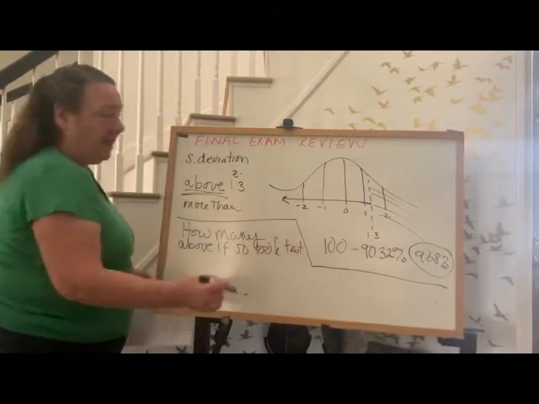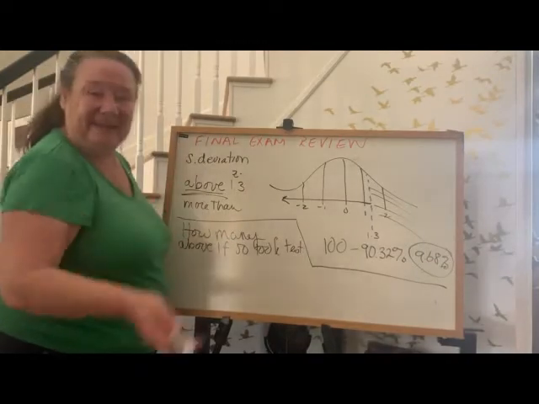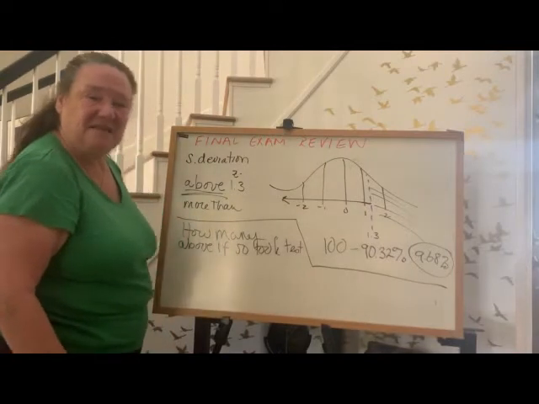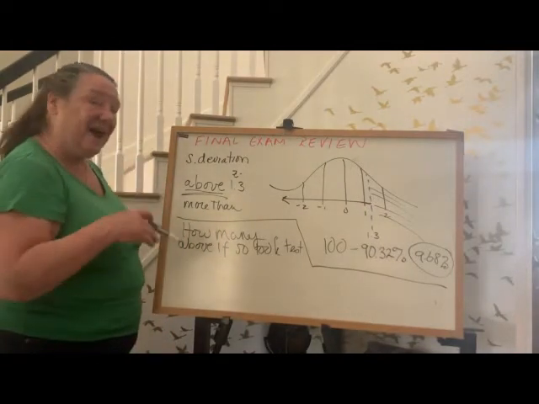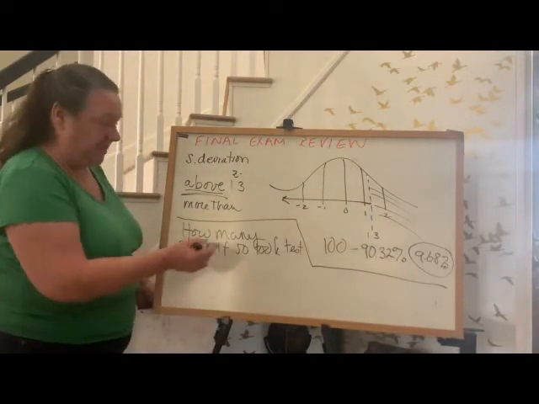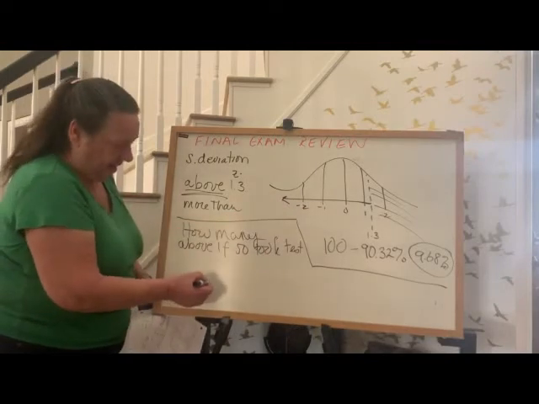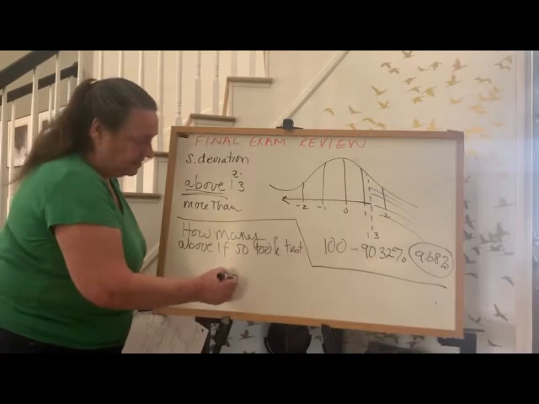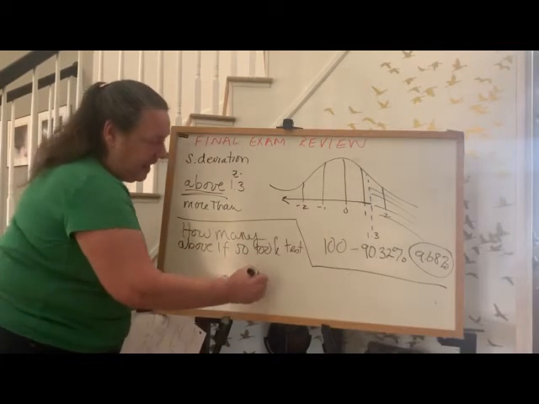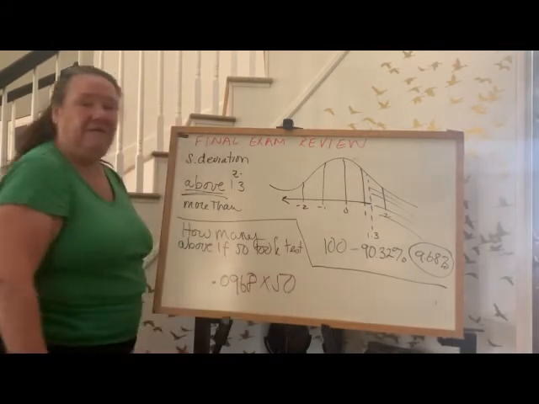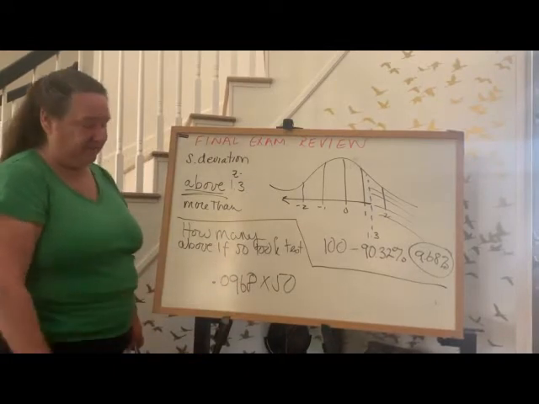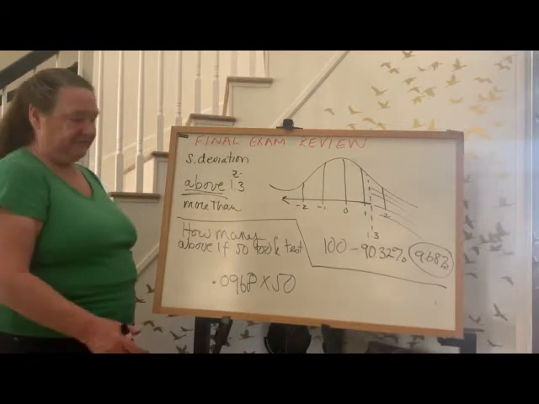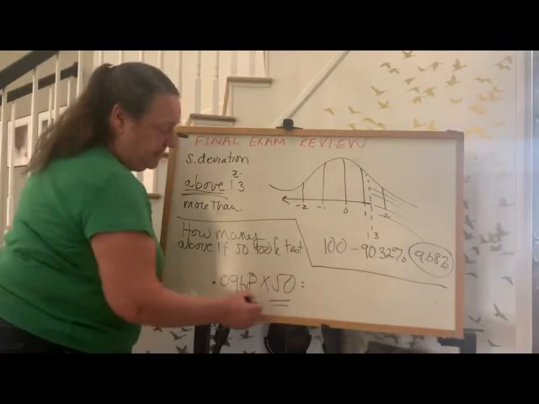Well, in this one, a lot of people gave me 9.68%. That's not the question. The question is not what percentage, but how many people. So for this one, I would turn my 9.68 into a decimal and multiply it by 50 people. And that would give me my answer. And you can do that for yourself, okay? It's just, be sure to answer the question.